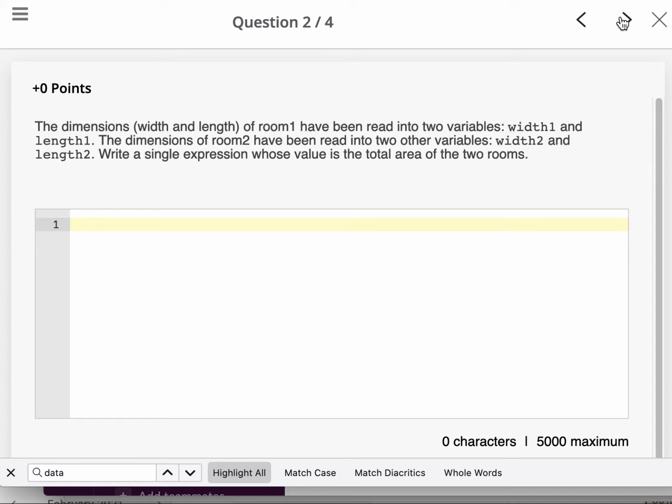One has such length and width and the other one another. How would we do that? Well, we first have to calculate the expression for width and length of the first room, and then we simply add the width and length of the second one.